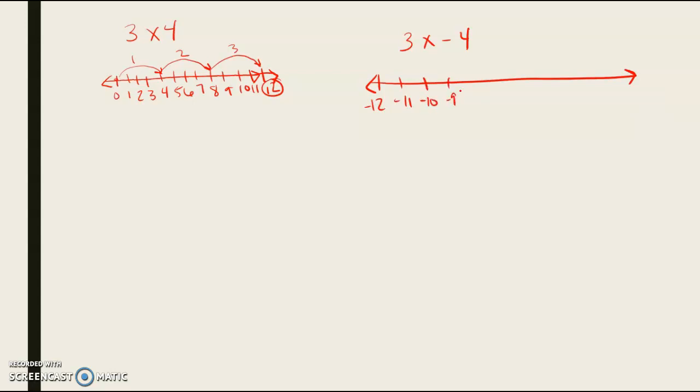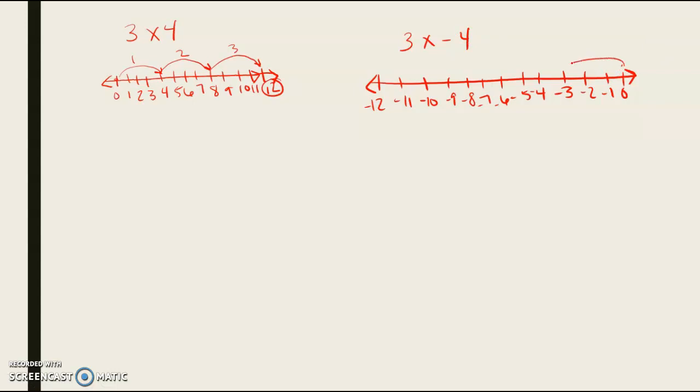10, 9, 8, 7, 6, 5, 4, 3, 2, 1. So again, we start at 0. And the reason we're doing this is there's a couple number lines in your homework, but it also explains. So I'm starting at 0, and instead of going right, the negative tells me I move left.